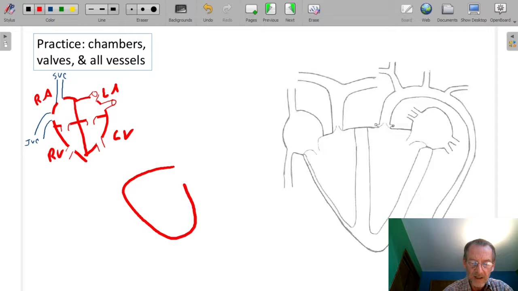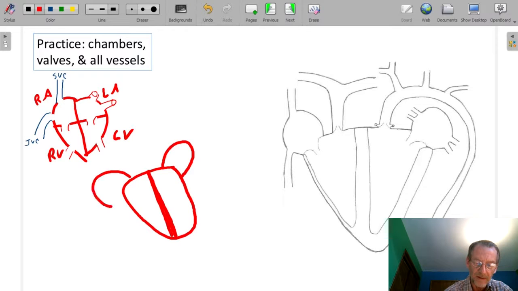So I switched from that model to doing this model, and you might try this. Here's the heart and the ventricles, the interventricular septum, and then the atria are out here, which is similar to what I did on the left. And then you can use this type of drawing to put in your atrioventricular valves, sort of a picture.